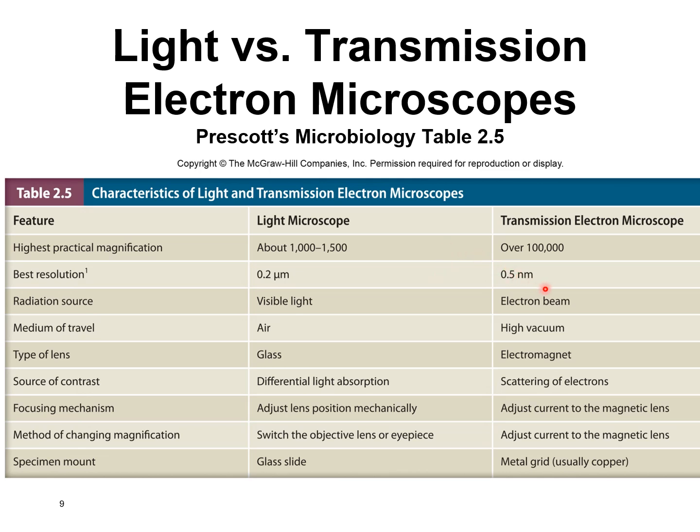And then with the transmission electron microscope, much higher resolution. So as long as the 2 points are 0.5 nanometers apart, you can tell that there's two distinct points there. And then just the other thing that we talked about, the source of illumination for light microscopes would be light, and then for the transmission electron microscopes, that would be an electron beam.